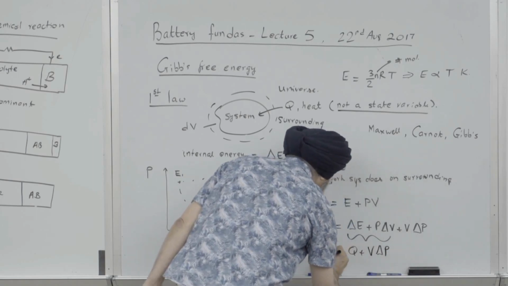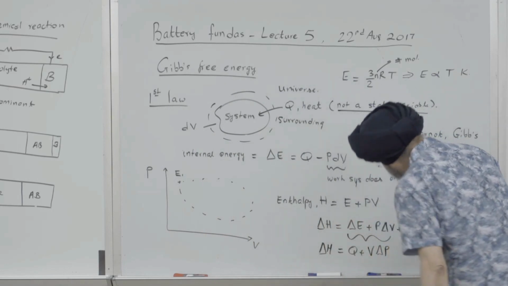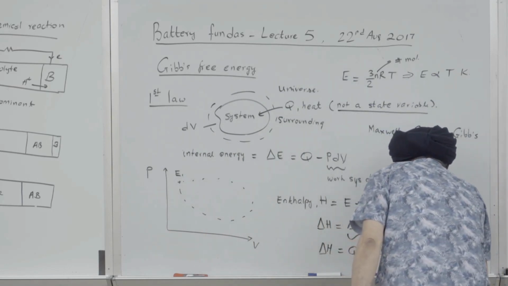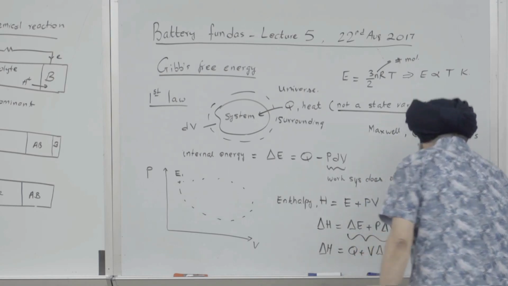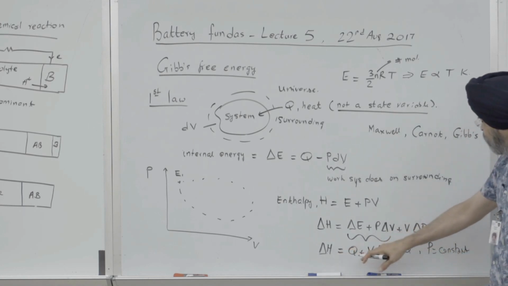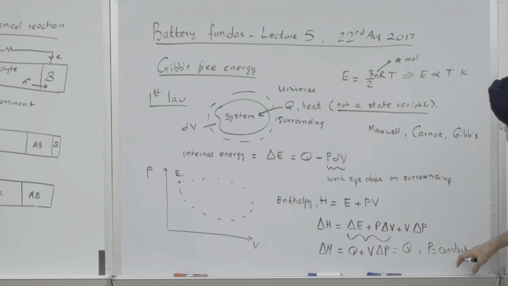So my delta H is Q plus V dP. And then if I keep pressure constant, I'm back to delta H is equal to Q. So delta H is a state property because we keep pressure constant. So delta H is equal to Q by keeping pressure constant.